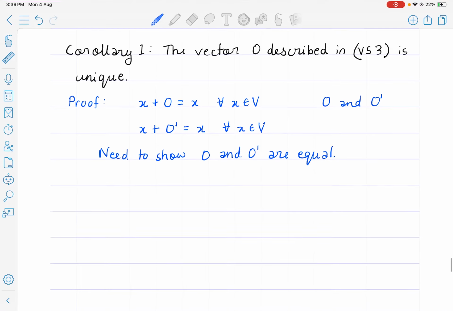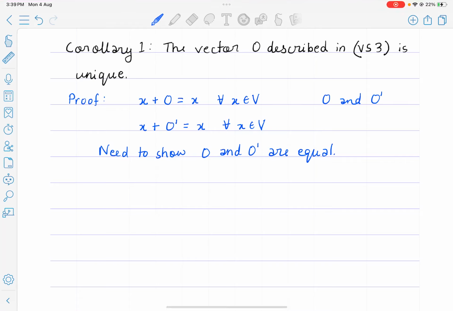So how to show that? x is equal to x plus 0, which is equal to x plus 0 dash, which is equal to x. What do I do? We equate both sides: x plus 0 is equal to x plus 0 dash.